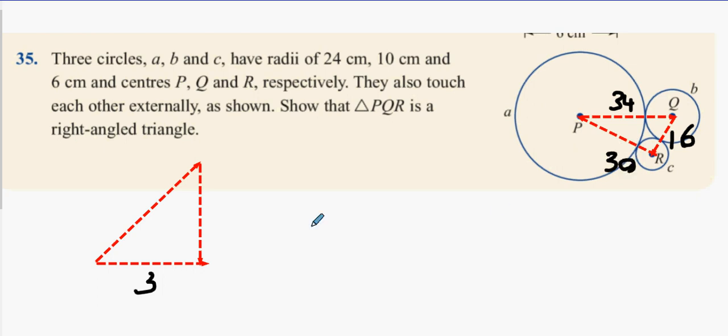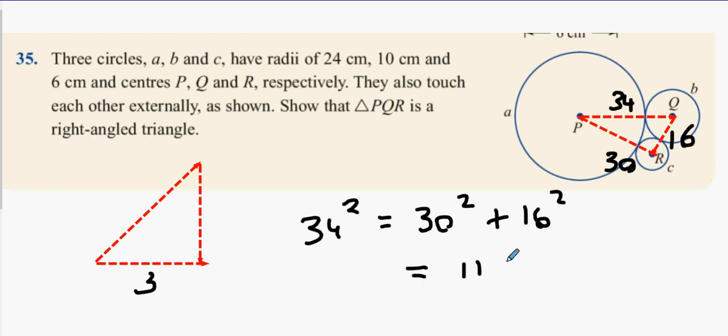I throw it all into... Will somebody get the calculator out and do that for me? 30 squared plus 16 squared is equal to 1156, and 34 squared is also 1156. Sound good? Yeah. It looked pretty crazy, but it wasn't too bad.